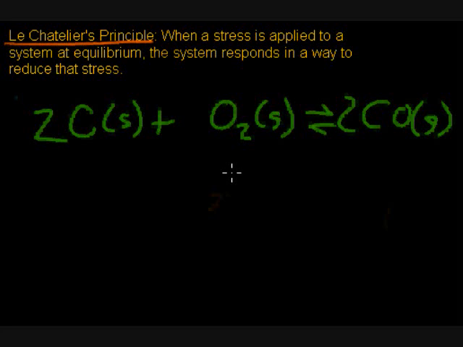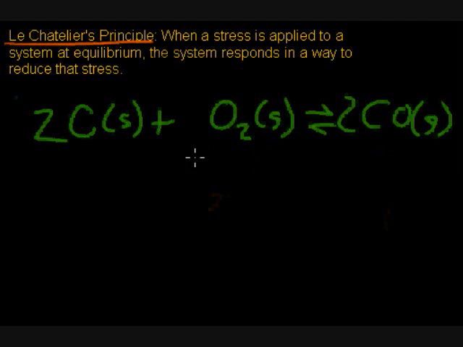So we have two more stresses that we need to look at, and they're a little trickier than the last ones that we talked about, and I think this reaction will show it well. When carbon reacts with oxygen, if you have what's called incomplete combustion, you make carbon monoxide instead of carbon dioxide. In other words, the carbon didn't react with as many oxygens as it normally would.